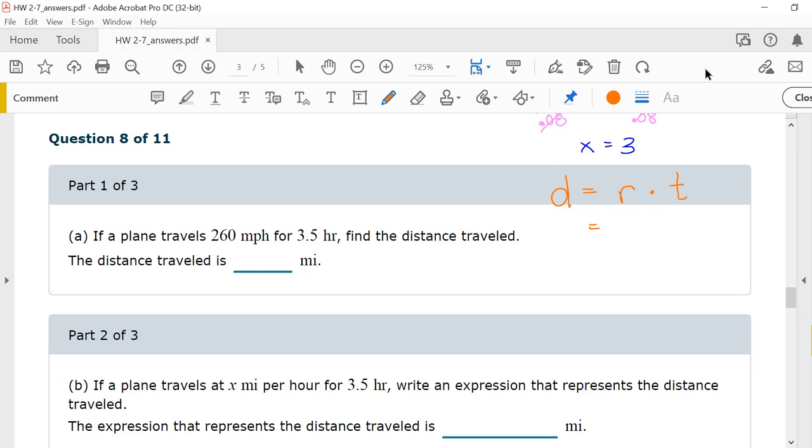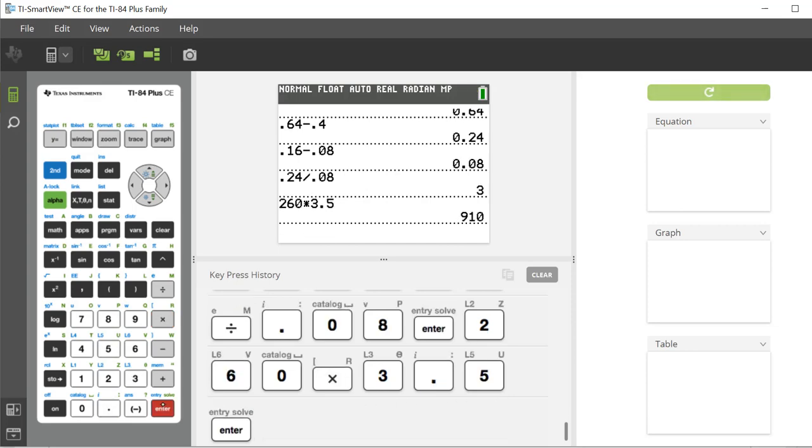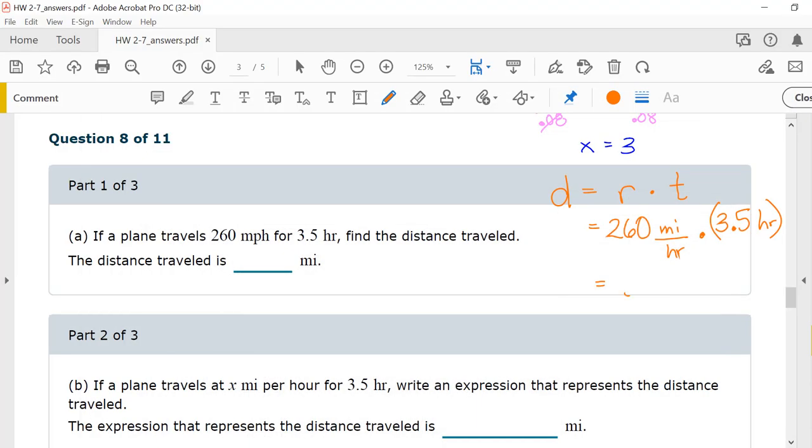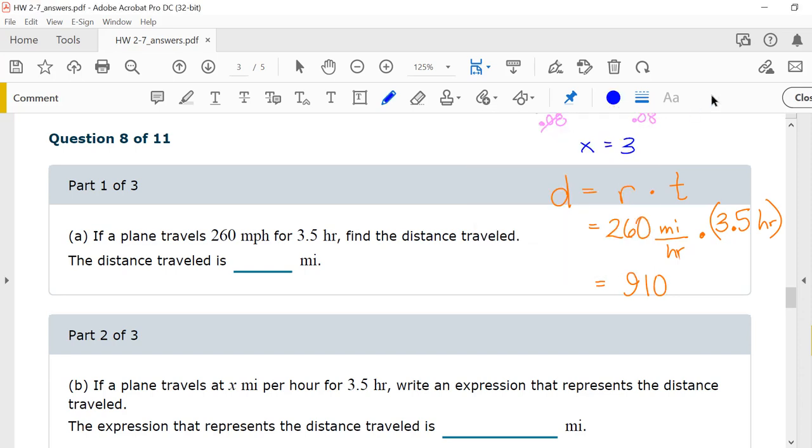If I travel 260 miles per hour and I travel for 3.5 hours, I'm going to do 260 times 3.5, which is 910. Now for the units, if I have miles per hour times hour, the hours will cancel and I'm left with just miles. So the distance traveled is 910 miles.